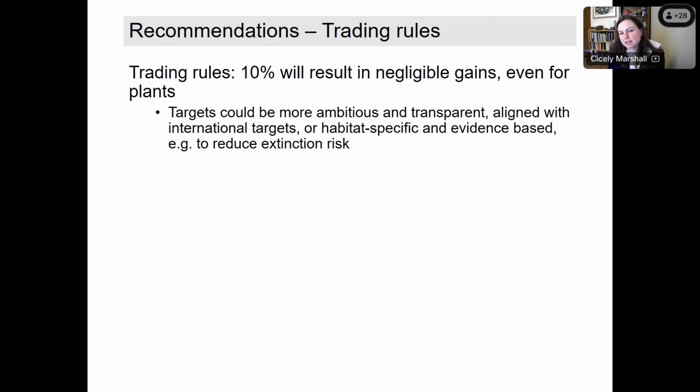So that 10% is a big win in the sense that it's a positive number, and it's more than net zero. Not only is it not negative, it's not even net zero. It's positive, and that's symbolically important, although we probably do need to go further from a nature point of view.